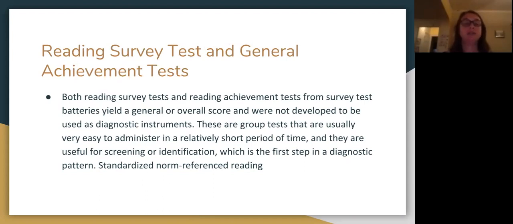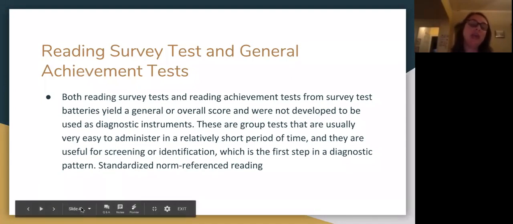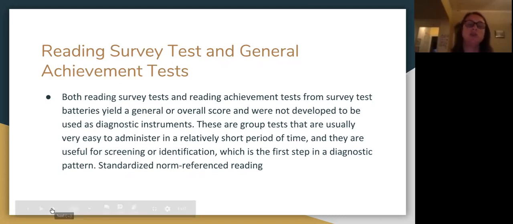They are group tests, and they're very easy to administer. Really, they're used to be able to judge children, not just in your classroom, but across state lines and across federal lines. So we tend not to use them too often when we're trying to do a diagnostic approach to reading.